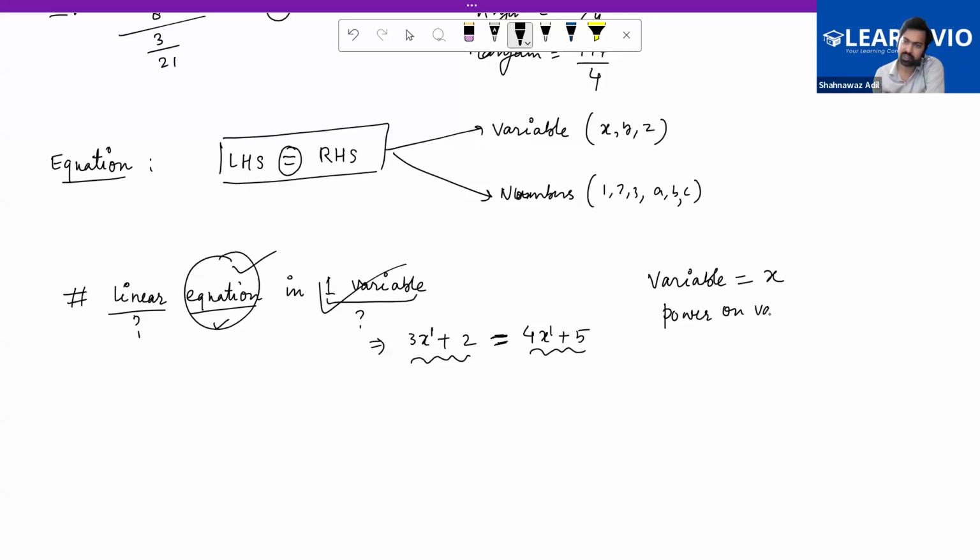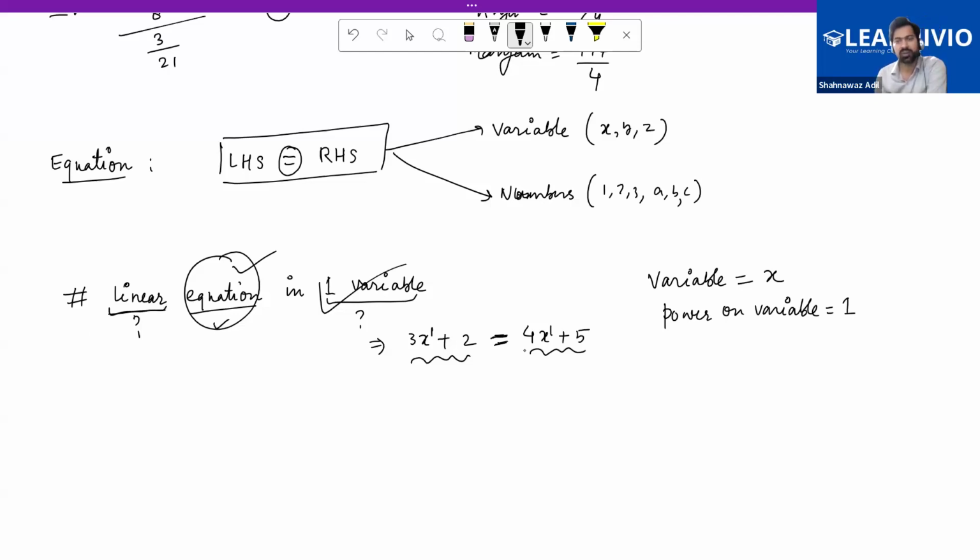The power on the variable is 1. You have already completed the polynomial chapter, so you are familiar with why we call it linear.